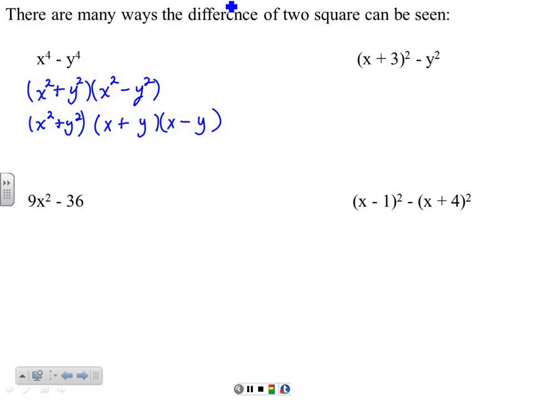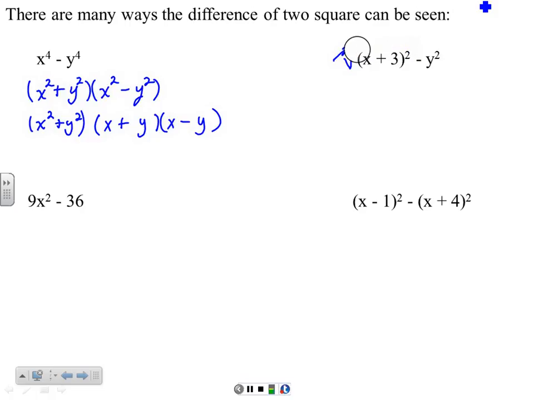Okay, the one on the right. This one has a binomial square in it, so this is still the difference of two perfect squares. When you take the square root of a binomial square, and we'll talk more about this in chapter 5, the square root symbol has an index of 2, and when you take the square root of a square, those two cancel out and you're left with that binomial, x plus 3.